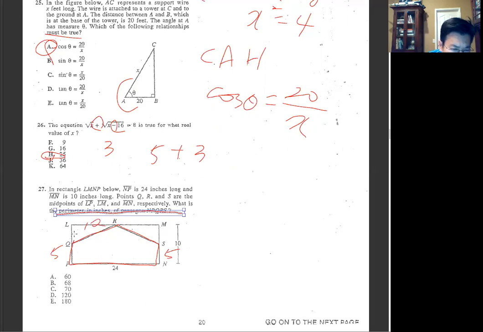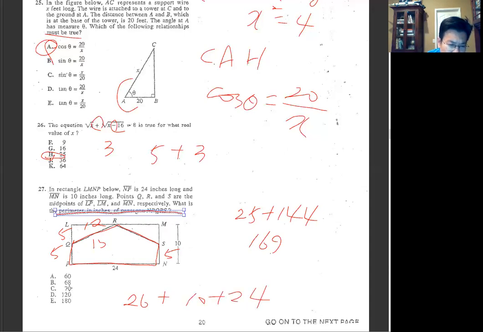Okay, 5, 12, 25 plus 144, 169. So this is 13 then, because of the Pythagorean theorem. Then we add it up. So 13 plus 13, 26 plus 5 plus 5, 10, plus 24. So 60.